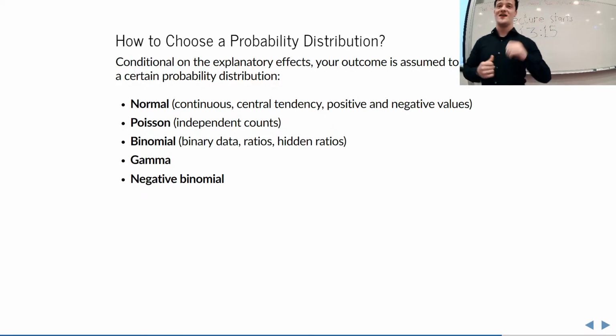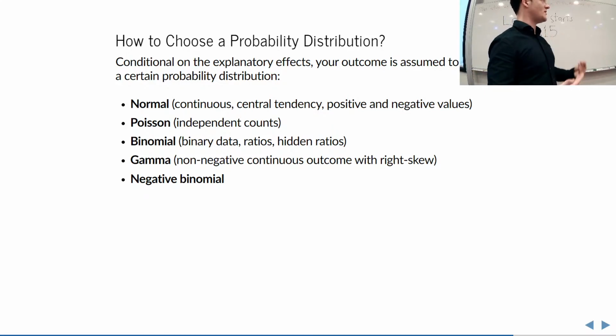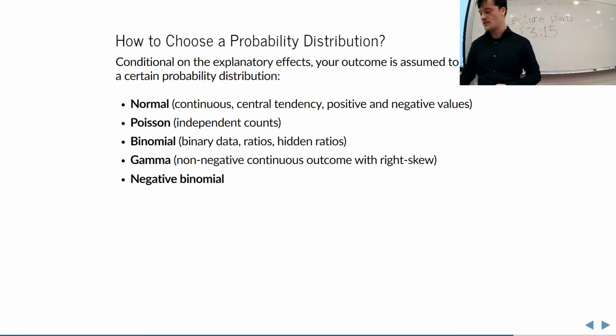So if it says the number of this per the number of that, that's a ratio, not a count. Then finally gamma, again, don't pay too much attention to this, we're not going to use it, but I just want to be complete. The gamma distribution is for non-negative continuous outcomes, which usually have right skew. So one way you can model right skewed continuous data is with a gamma distribution.